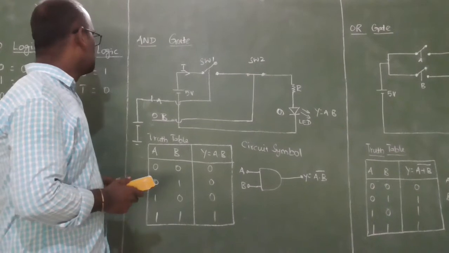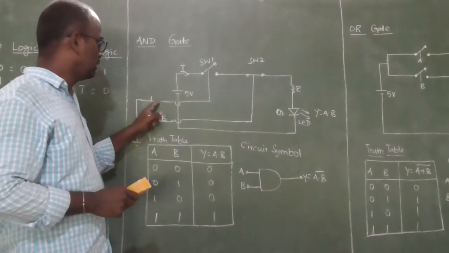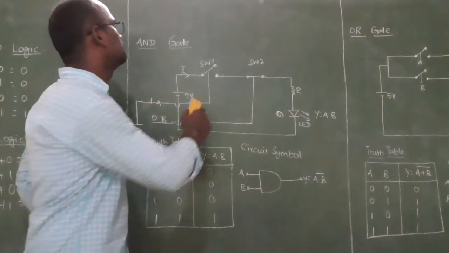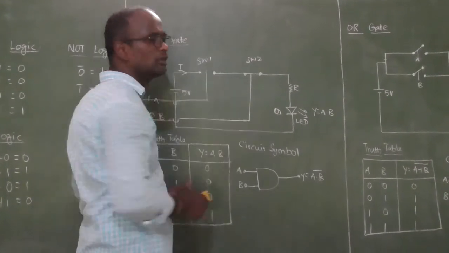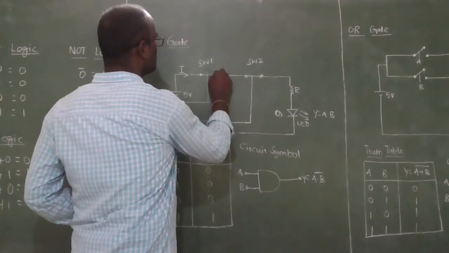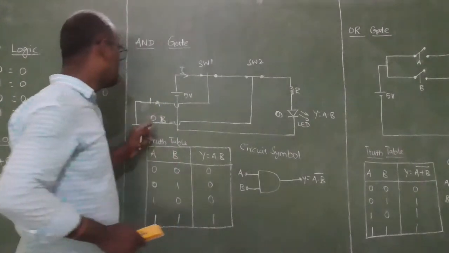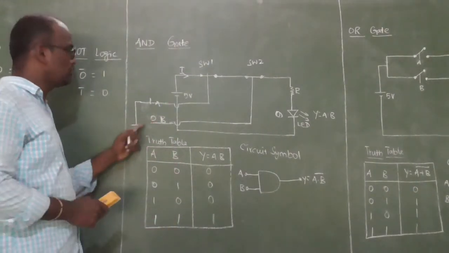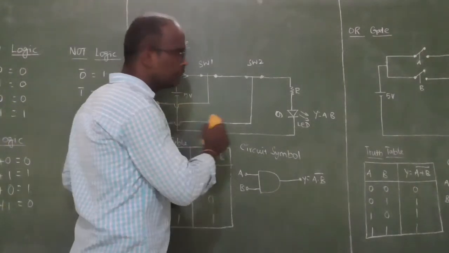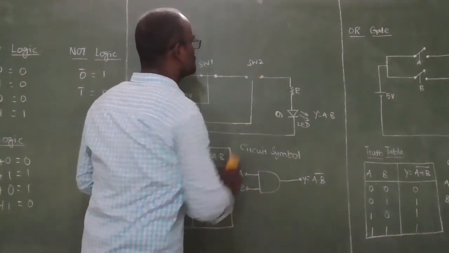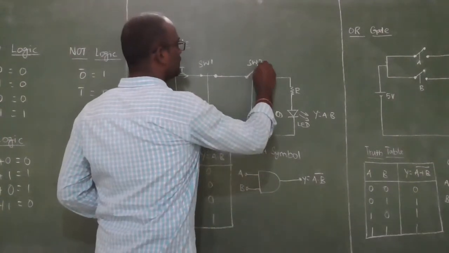Understand? Now we are applying input for A so that switch 1 will be closed, and since we are applying 0 for B input, switch 2 will be open.